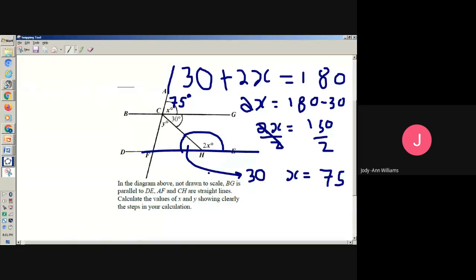Yes, it's actually 30, right? And then I minus the 30 from the 180, and then I divide it by 2. So that's how I got 75 for y.